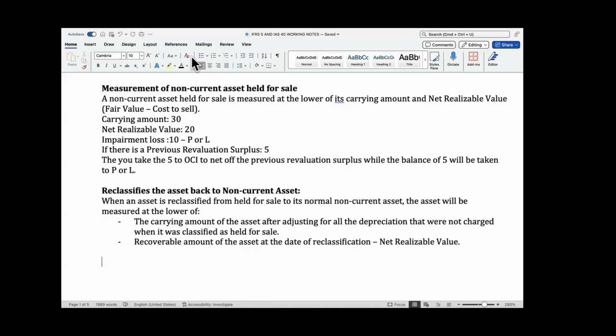Okay, let's take a question from Chineye. Please, I just want a clarification: when you're trying to reclassify the asset back to non-current asset, I was thinking one can depreciate an asset when the usefulness is flowing back to the organization.